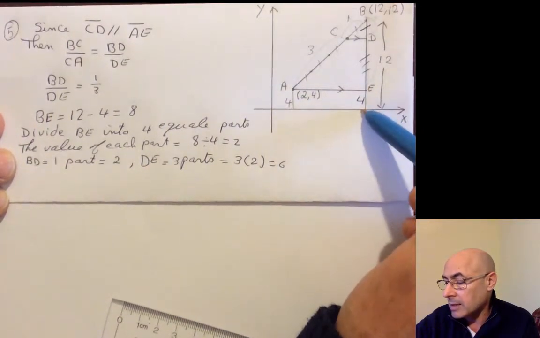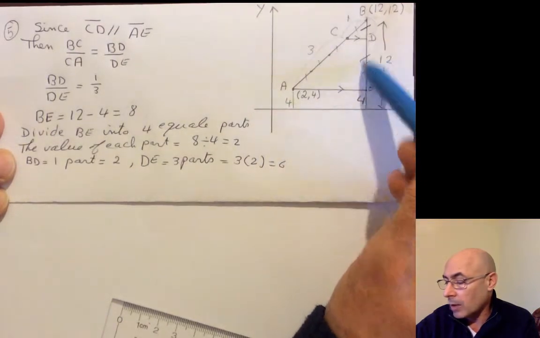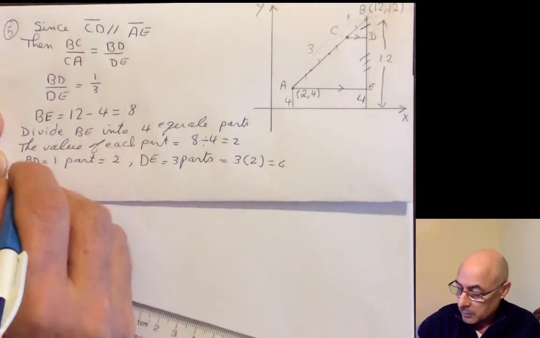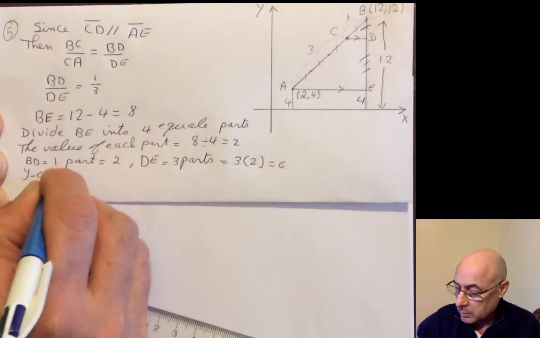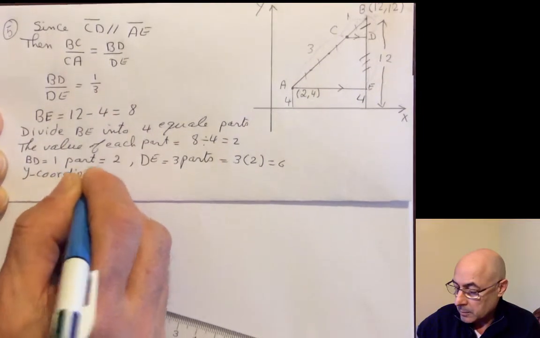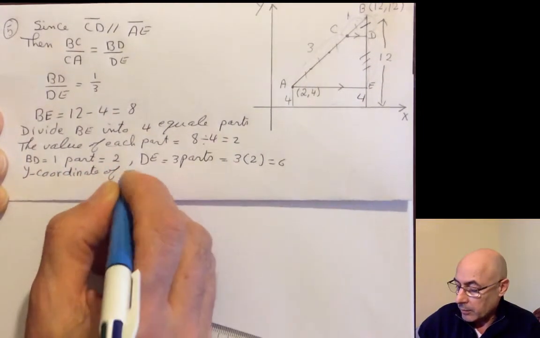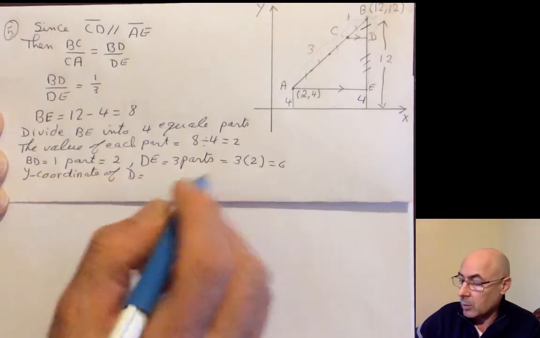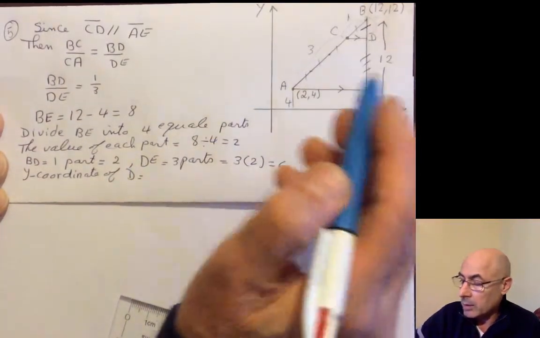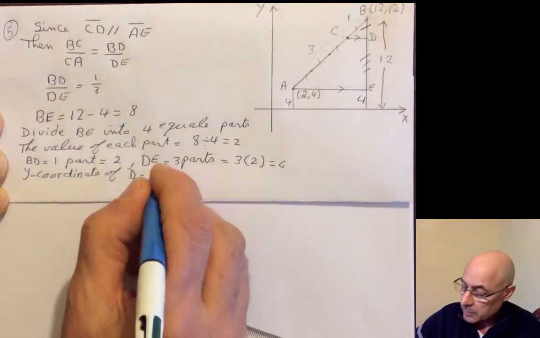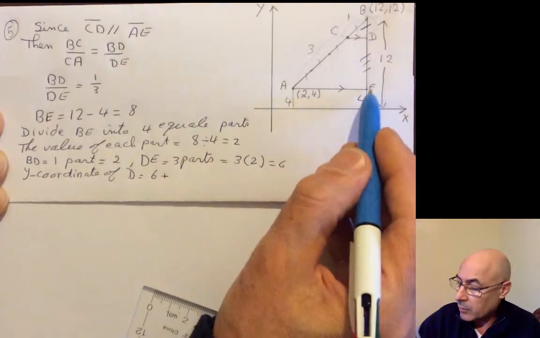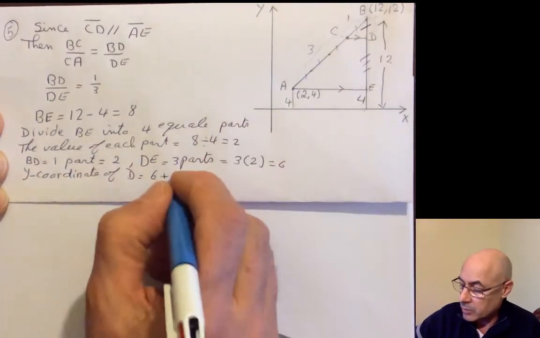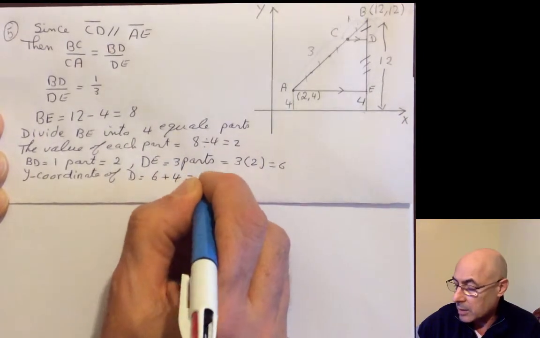Then from E to the x-axis is 4. So what is the y-coordinate of point D? The y-coordinate of D equals, from D to E, that's 6, plus from E to the x-axis, which is 4. 6 plus 4 equals 10.